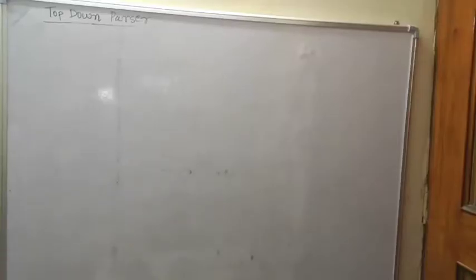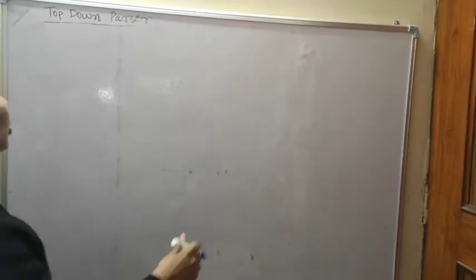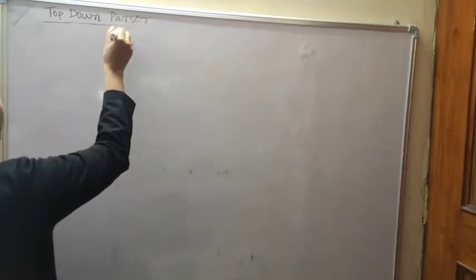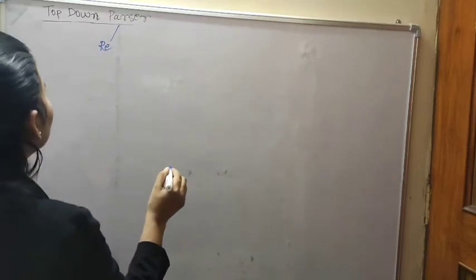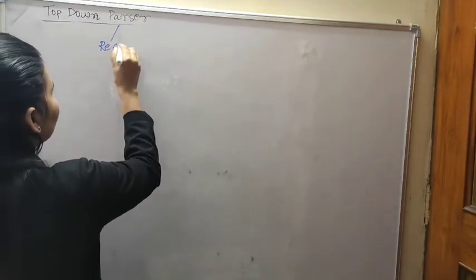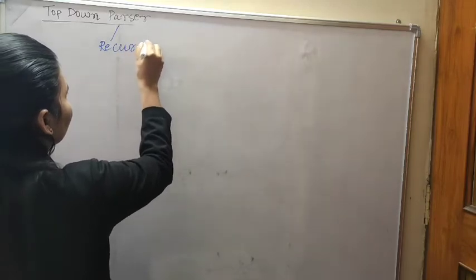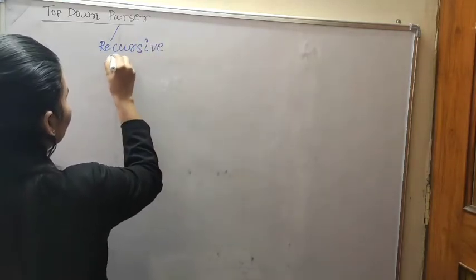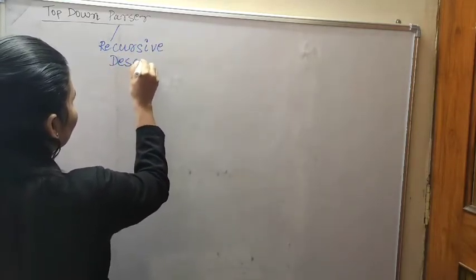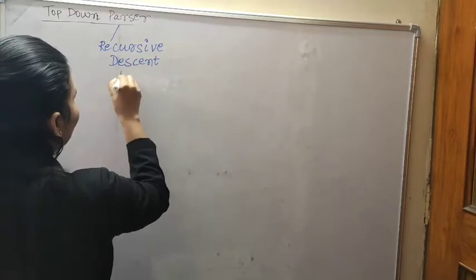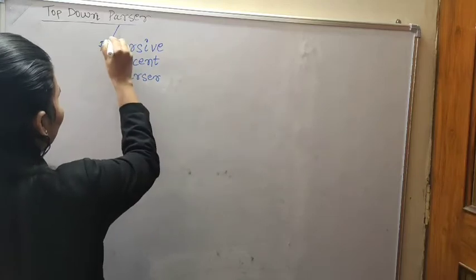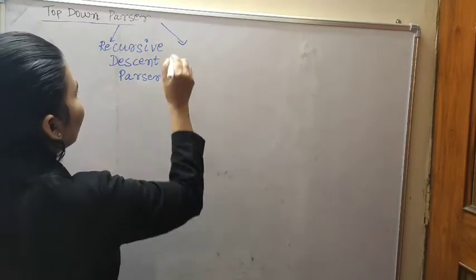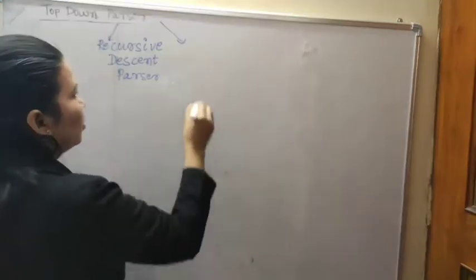Now we will see top-down parser. Top-down parser: first is recursive descent parser, and another one is non-recursive descent parser.